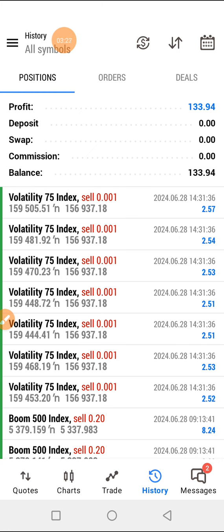So it's not a robot. For those of you who are asking if it is a robot, no, it is a pure custom indicator software that has been put together to help you identify good areas of entry and exit. And I do say that it is not advisable to trade with robots on the synthetic indices or Deriv, even on forex, because those robots you are seeing are coded based on some parameters, just like the way we give you these indicators set up on your mobile phone.